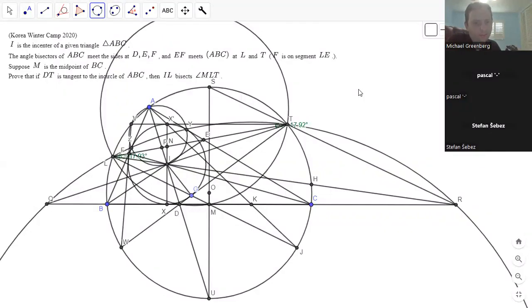And then I think that triangles VAI and IX'T are similar. Okay, VAI and IX'T? Yeah, I think they are similar. We can check.